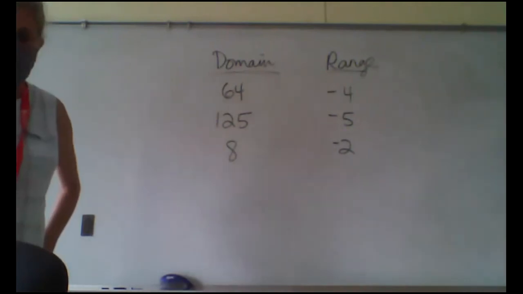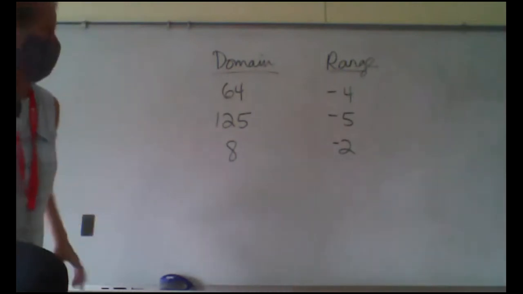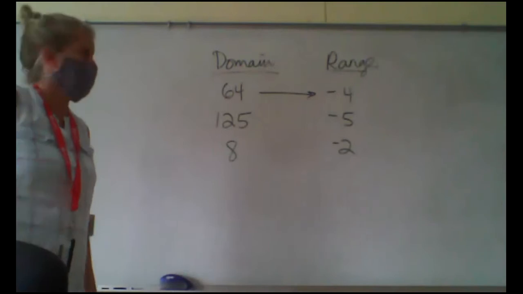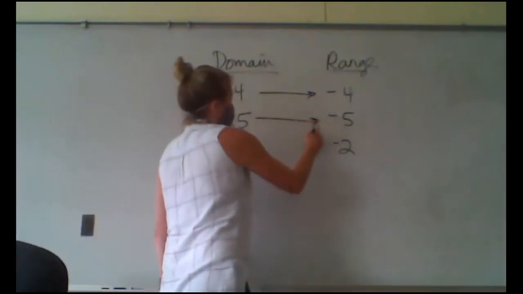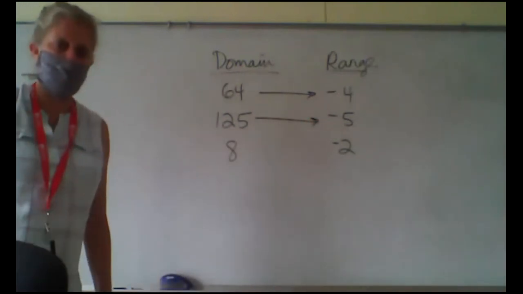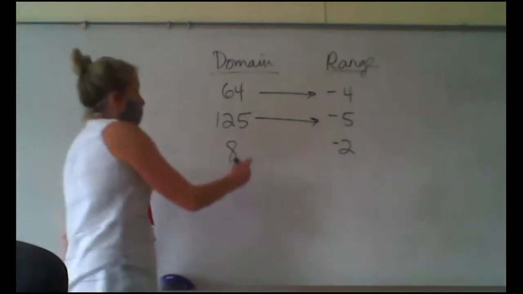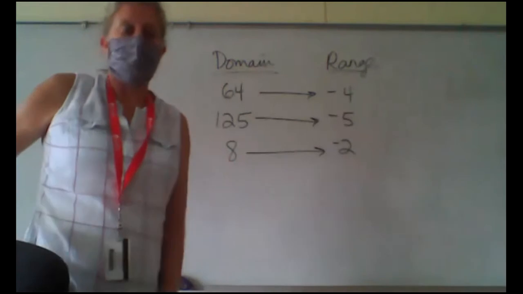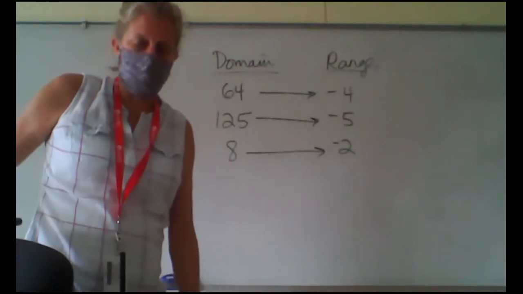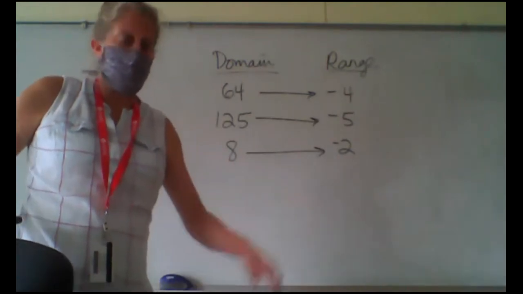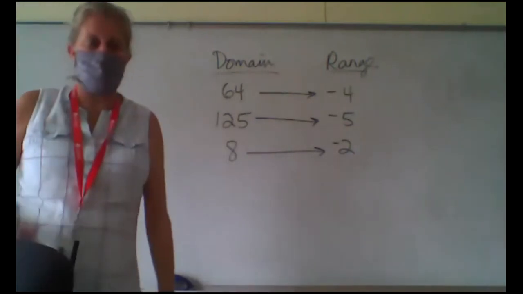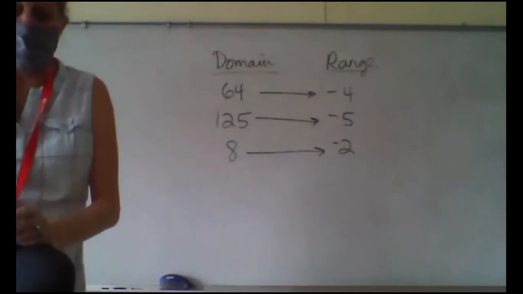Looking at the handout, I see that the 64 only goes to -4. 125 only goes to -5. And 8 only goes to -2. So once again, there is not any number in the domain that goes to more than one number in the range.